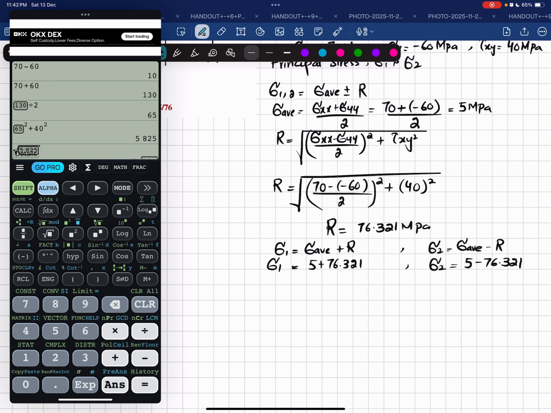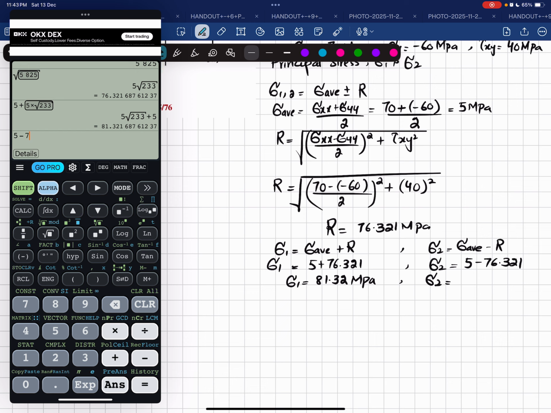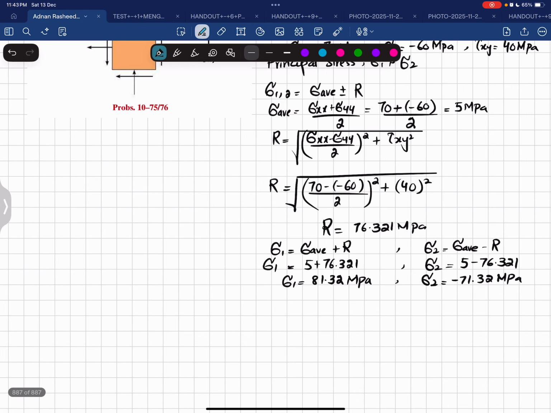We will calculate them. 5 plus the answer, sigma 1 is equal to 81.32 megapascal, while sigma 2 is equal to 5 minus 76.321, and that is equal to minus 71.32 megapascal.